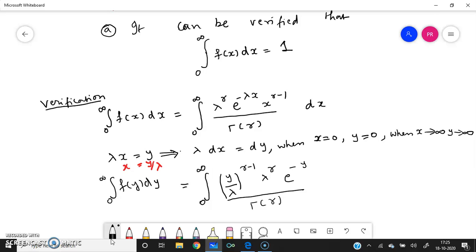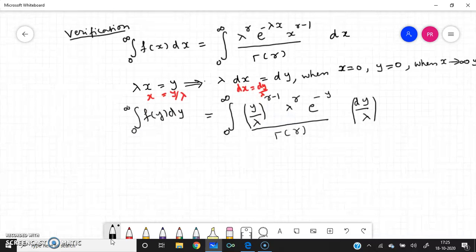Then what is my dx? dx will be dy by lambda.